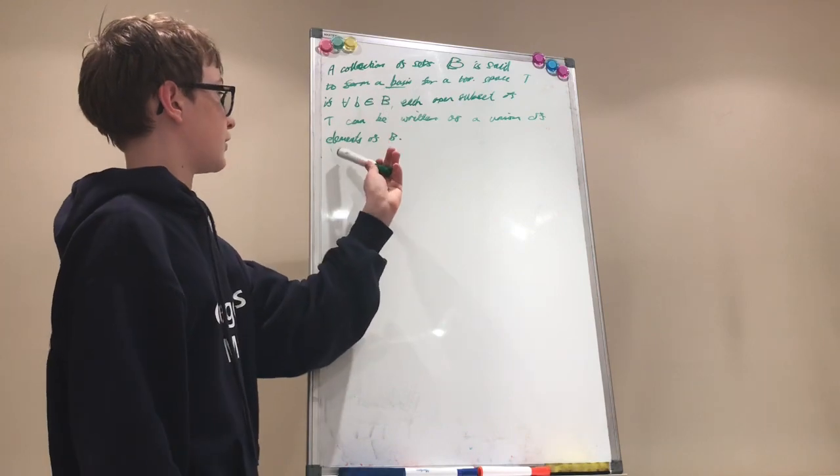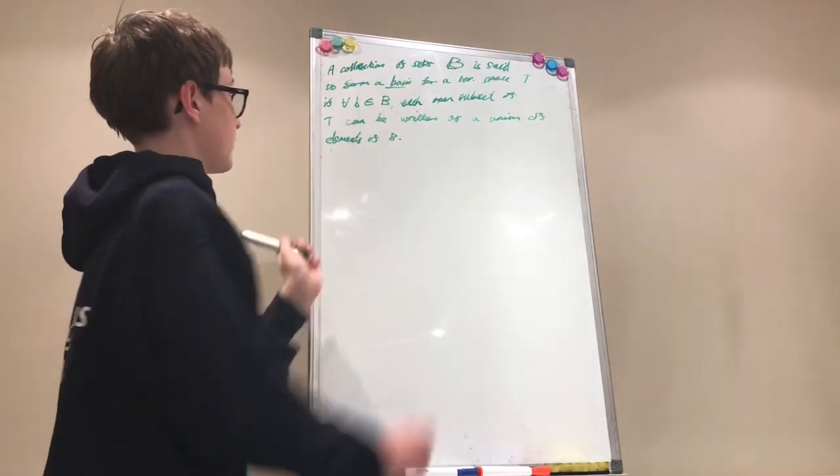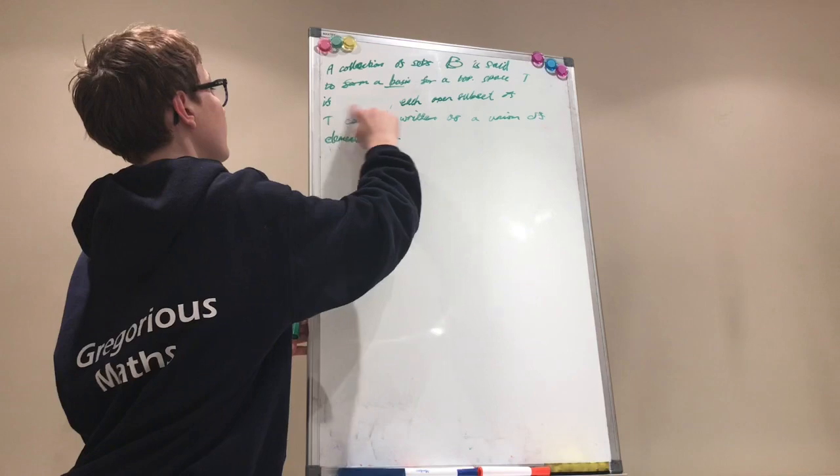Basically, each open subset of T can be written as a union of elements of B.